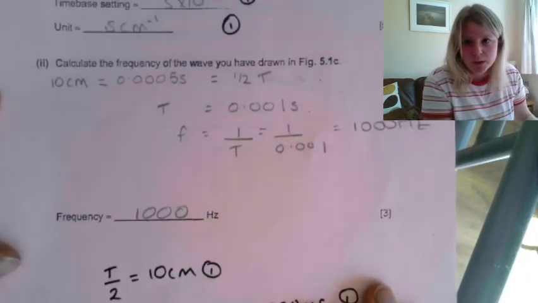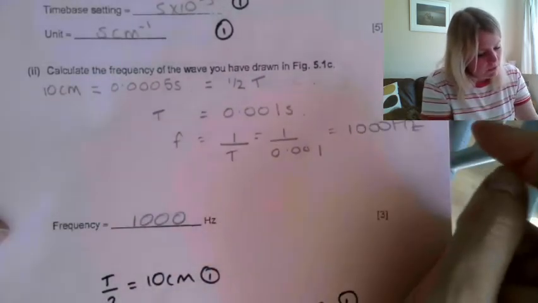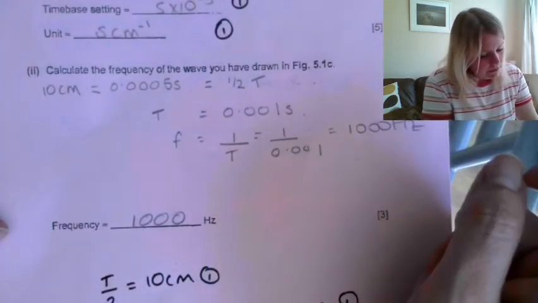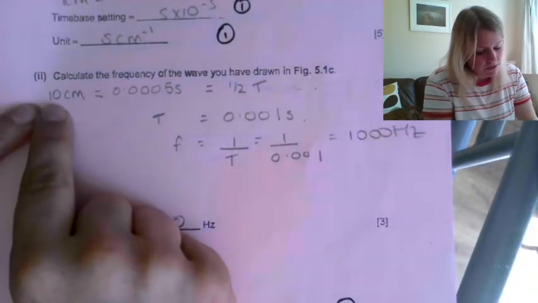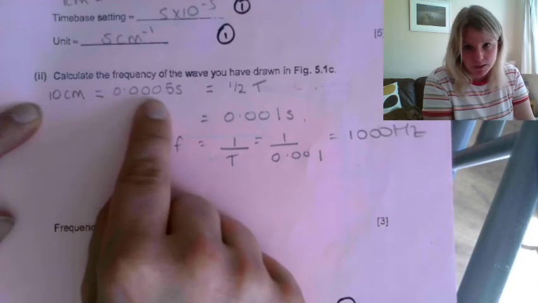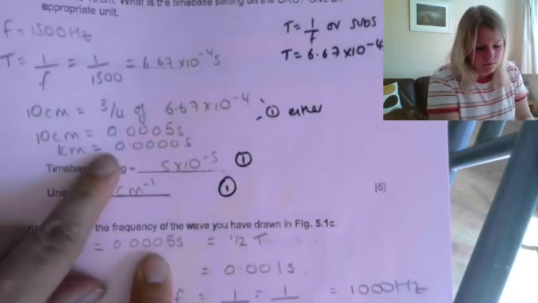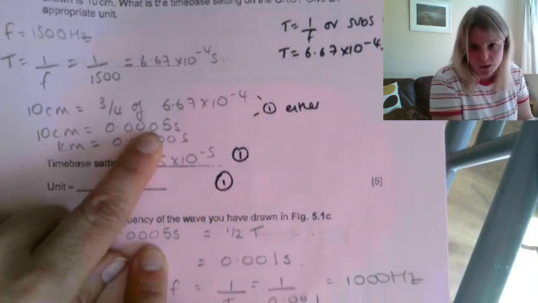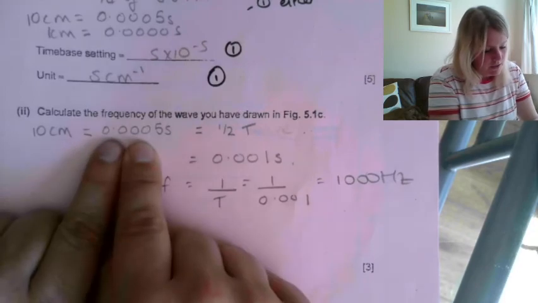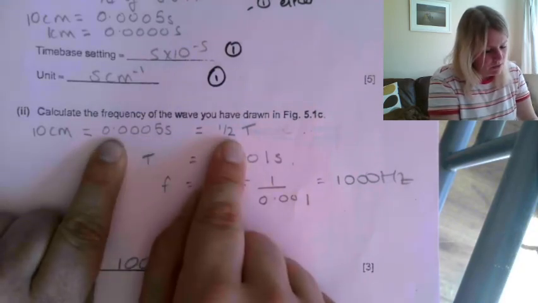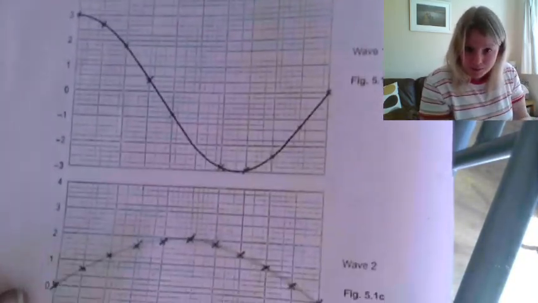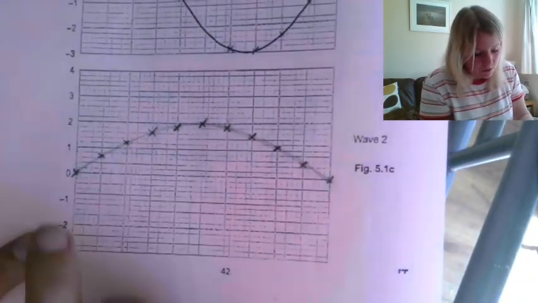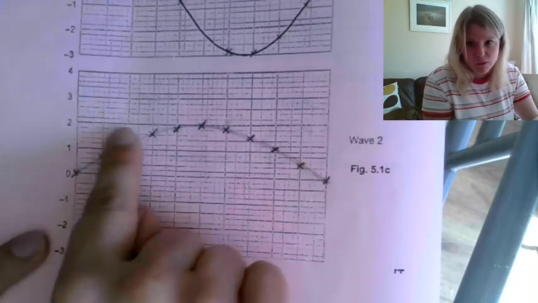Right, last part. Calculate the frequency of the wave you have drawn here. So, let me see. We figured out that 10 centimeters is this many seconds, and that is half a time period, because on this wave, so this is 5.1c, that is half of a wave.